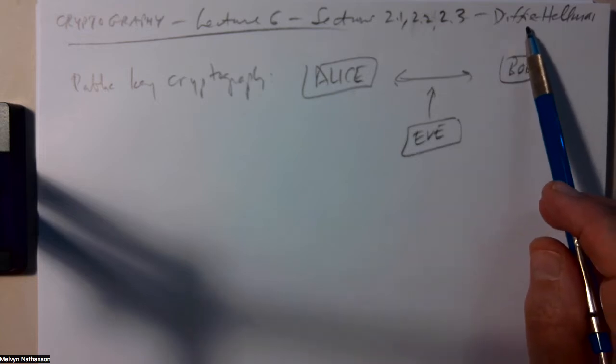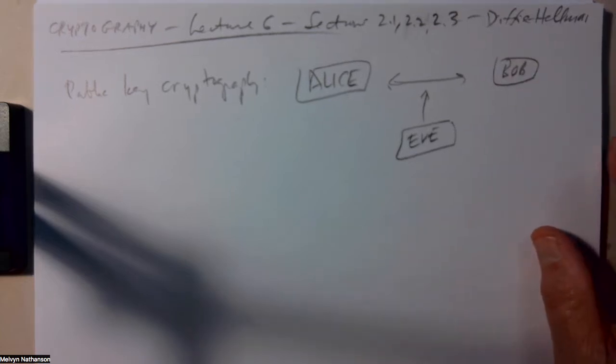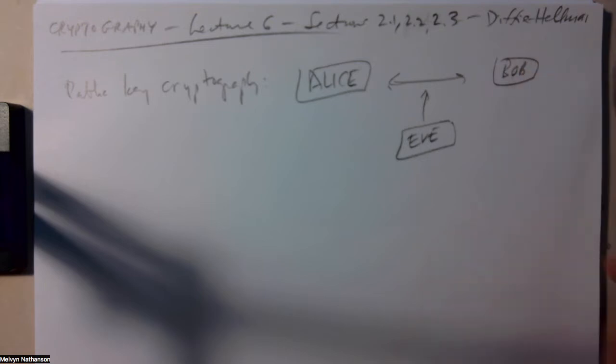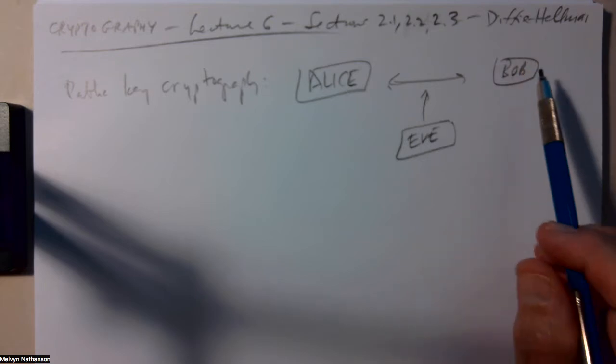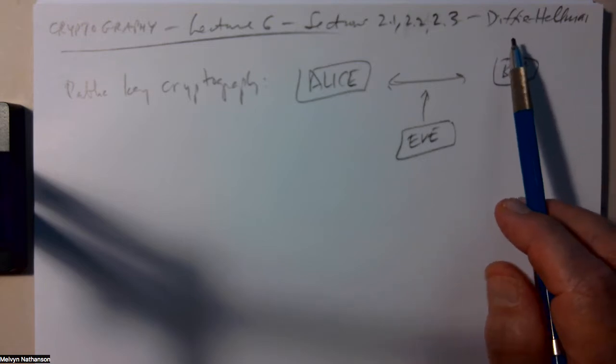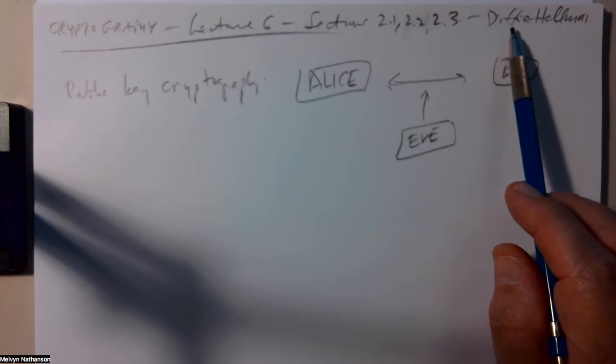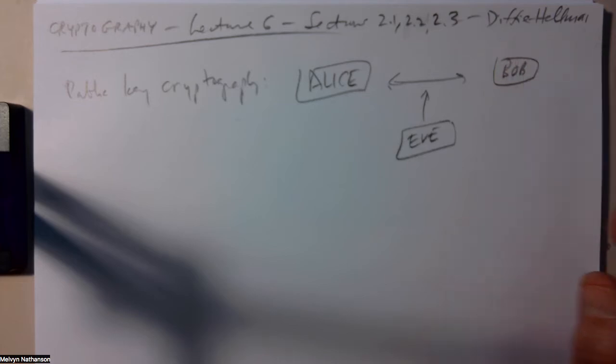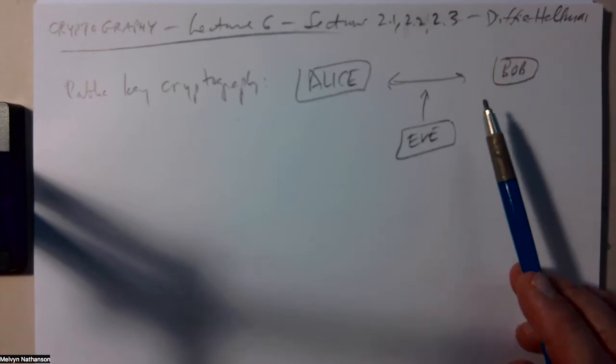and it's solved by a method called Diffie-Hellman, based on two computer scientists, mathematicians, Diffie and Hellman, and as often is the case in mathematics and computer science, the name attached to something is not really the name of the people who first discovered it.